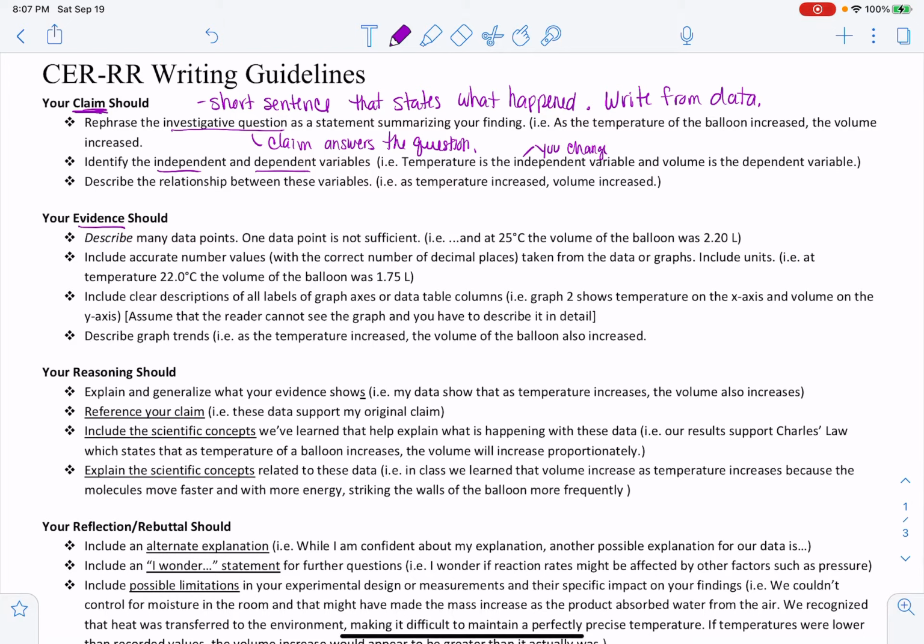And the dependent variable changes as a result. And you're going to describe the relationship between them as temperature increased, volume increased. So you're going to just restate what you actually found.